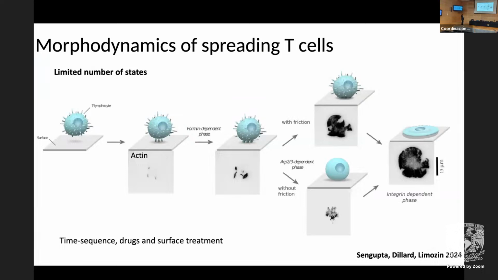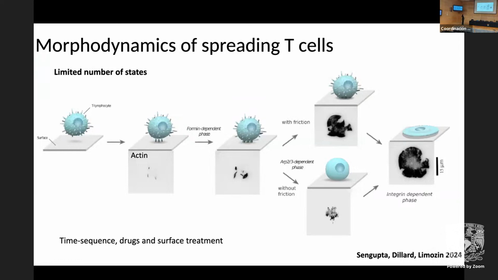I'm looking at the actin, this is labeled. So it forms a first contact, which is formin dependent, and then it goes into an Arp2/3 dependent phase. So formins help cells form finger-like structures, right? Like this. And Arp2/3 helps it to form lamellipodia, structures which are flat and which spread.